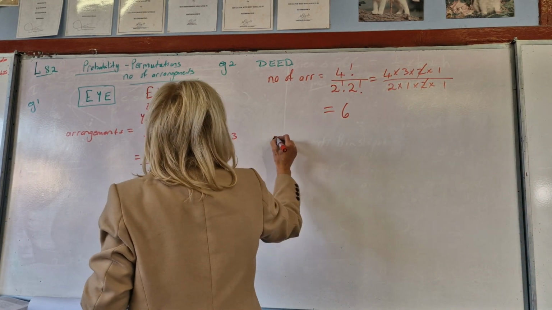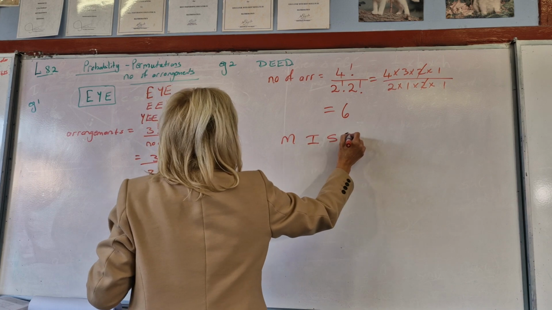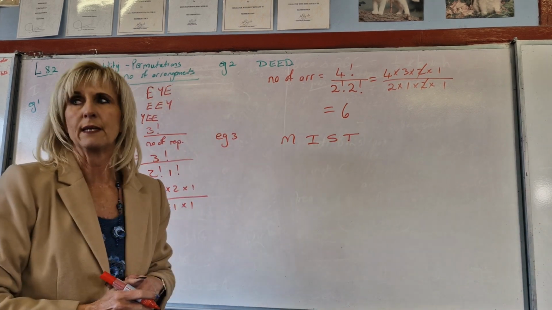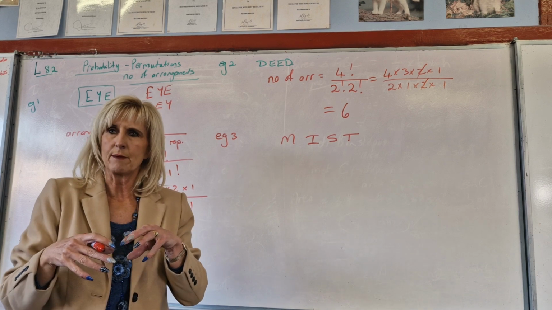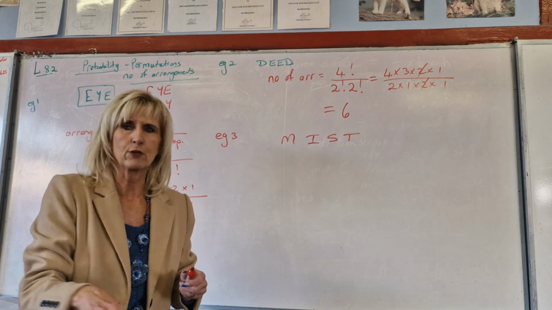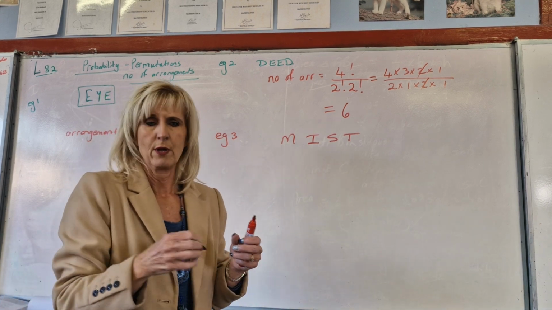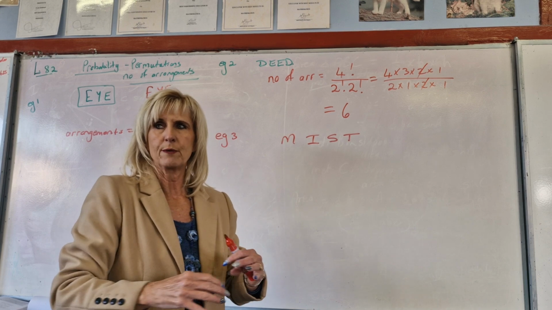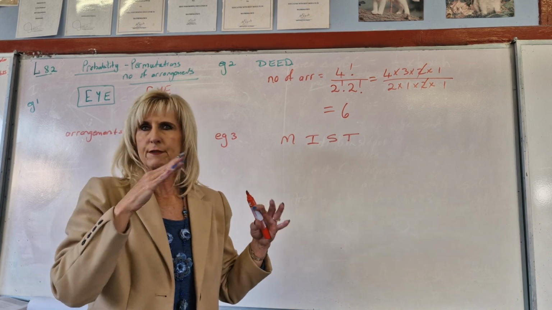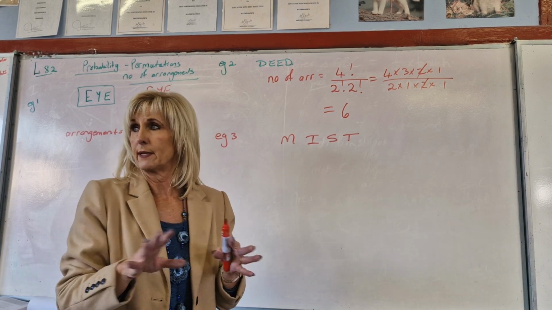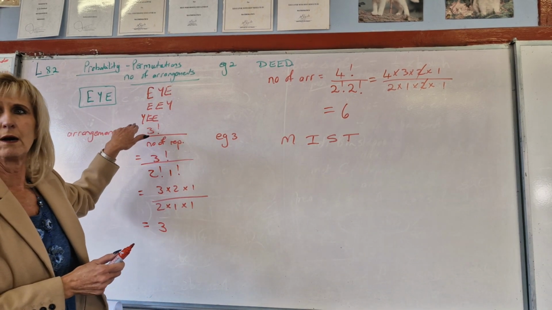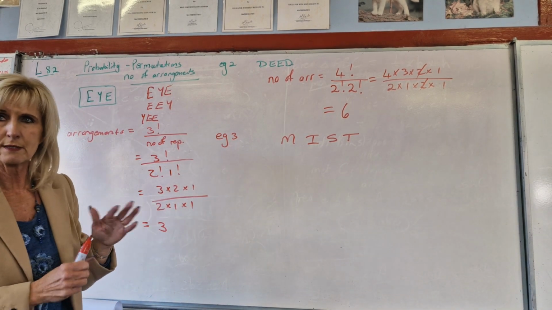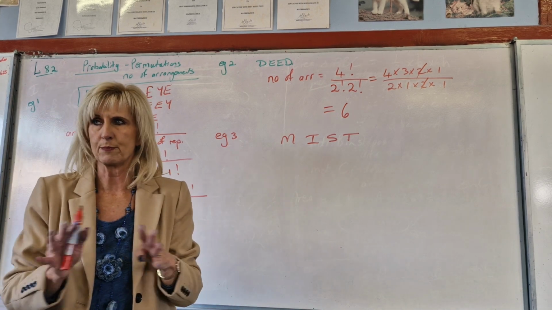If I show you the letters M-I-S-T. Okay, now remember here, please, it doesn't have to make sense. It's just arranging them. It's like your little brother sitting there with 4 little blocks, and he has to put them in a row. There's no sense of this must make a word. Any way is possible.